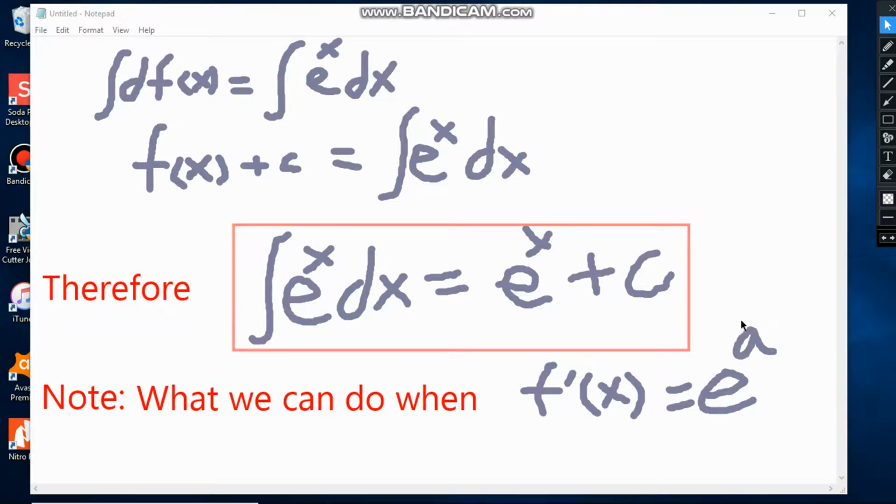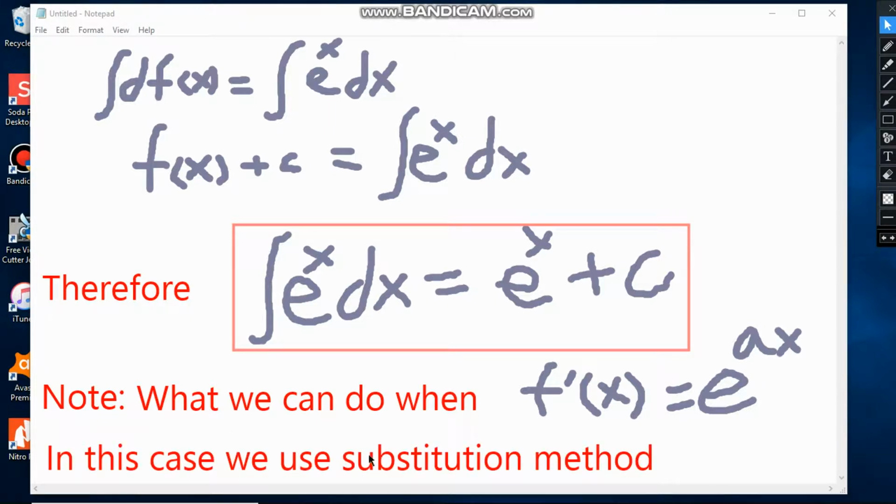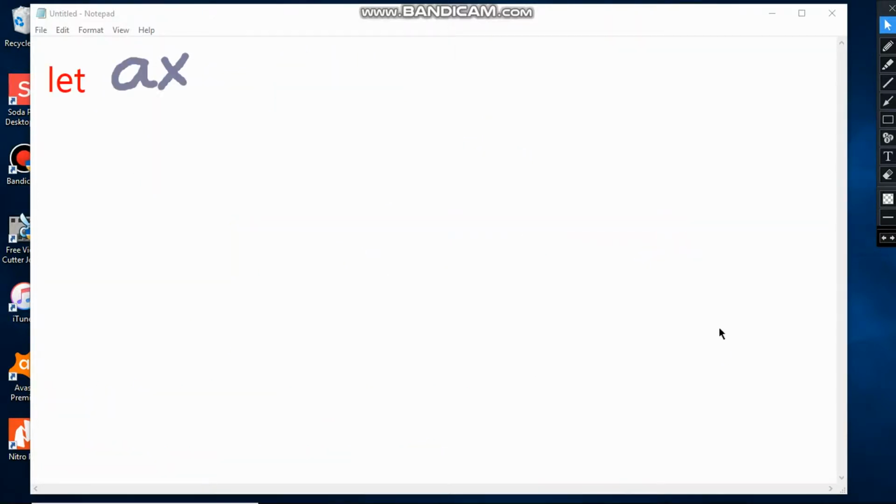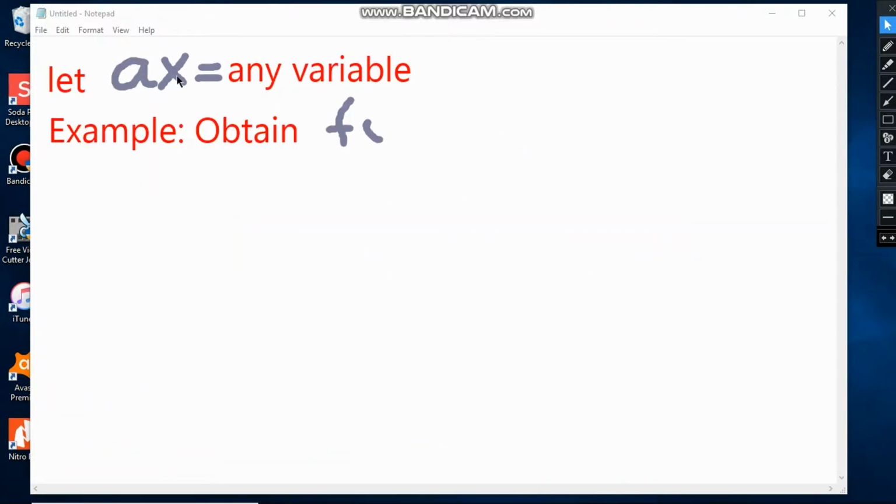What will we do when we have a coefficient a in front of variable x? In this case, we use the substitution method. We let ax is equal to any variable.